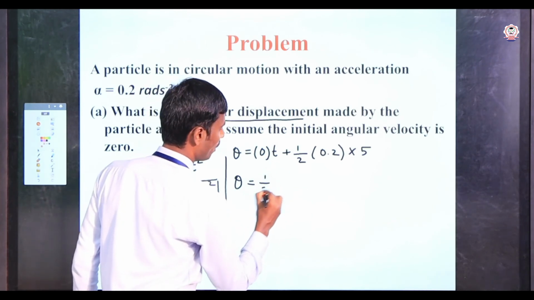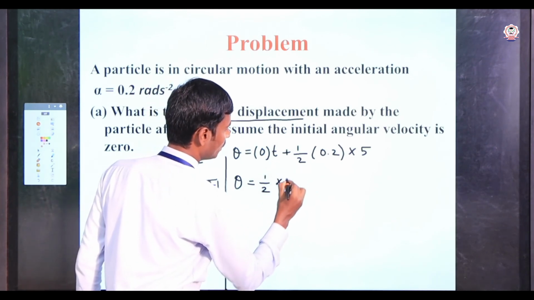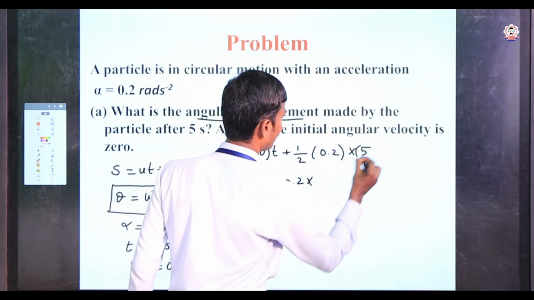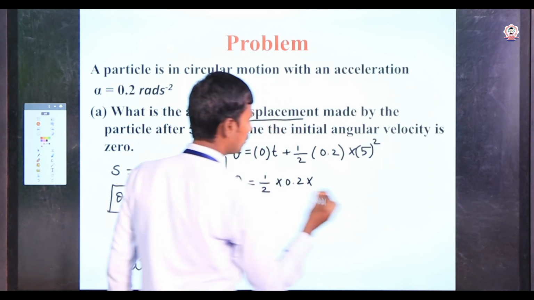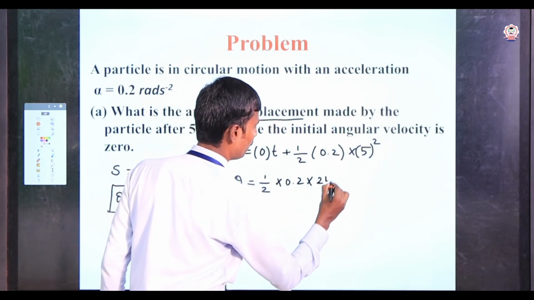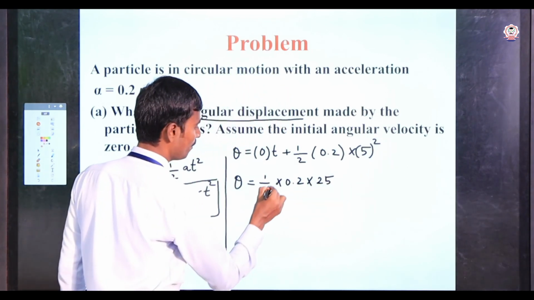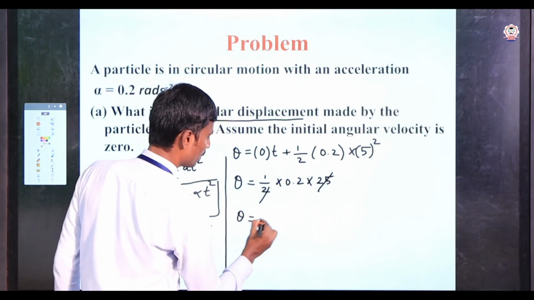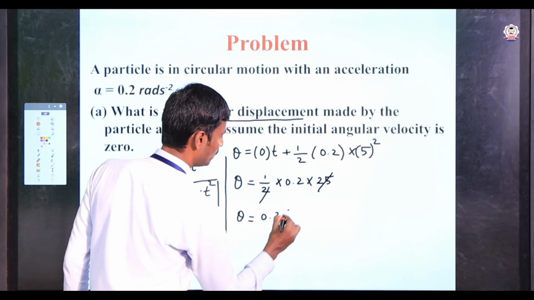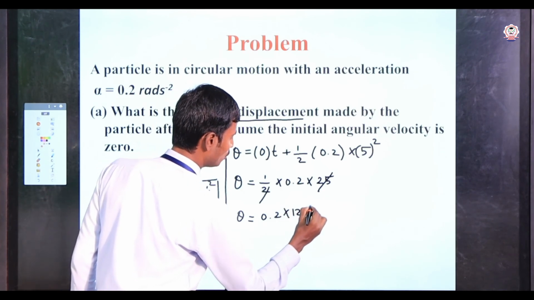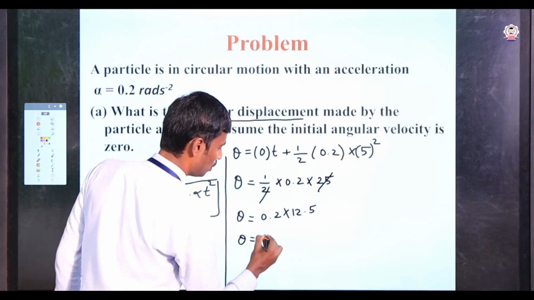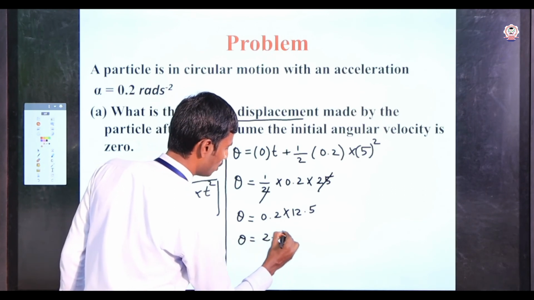The remaining term is 1 by 2 into 0.2 into t square. 5 square is 25, so 1 by 2 into 25 gives 12.5. Theta equal to 0.2 into 12.5, so theta equal to 2.5 radian.